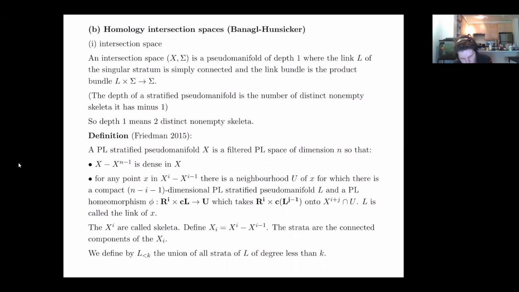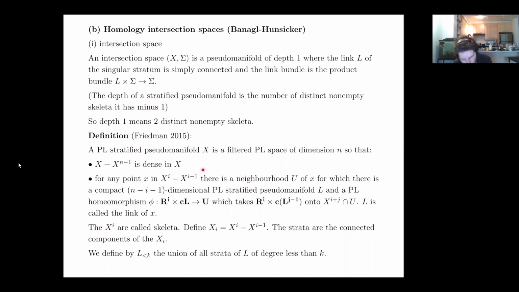So we can write the stratified space as having strata, which I'll denote by X superscript K. There is a large stratum. If you remove X to the n minus 1, then you get a space that is dense in the original space.